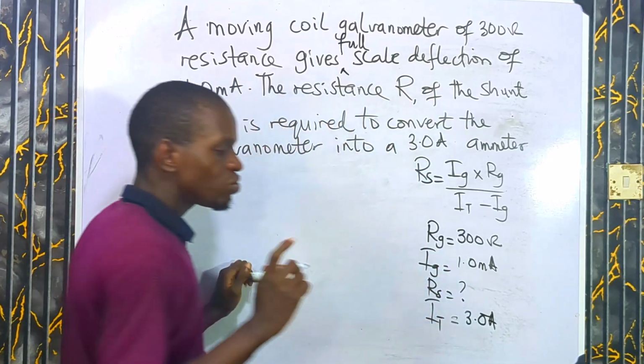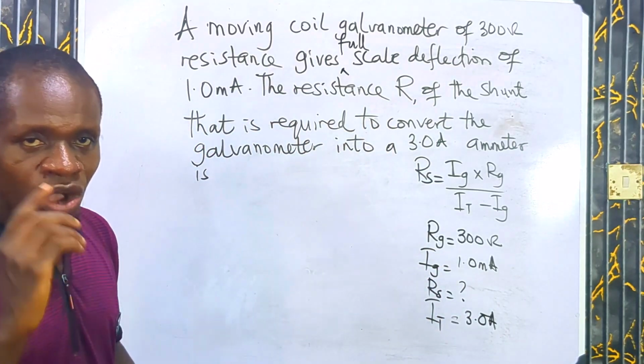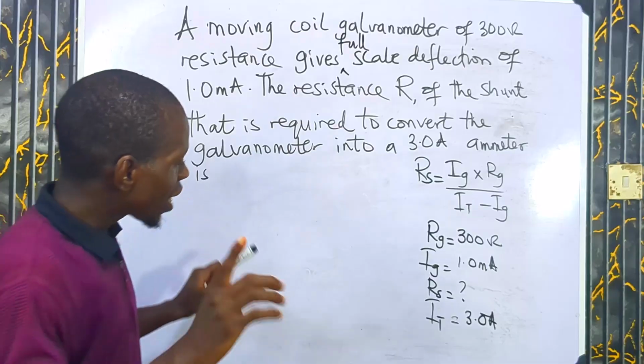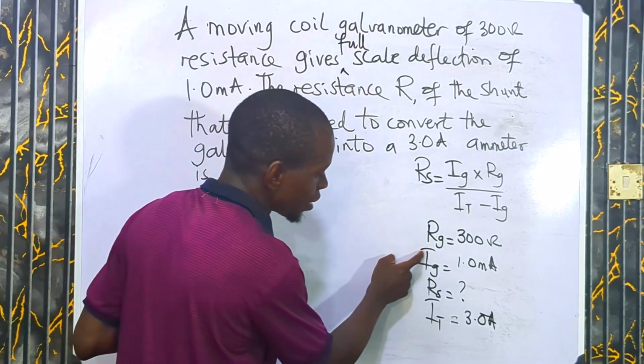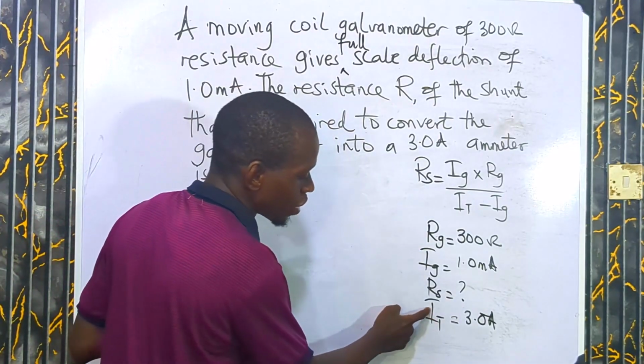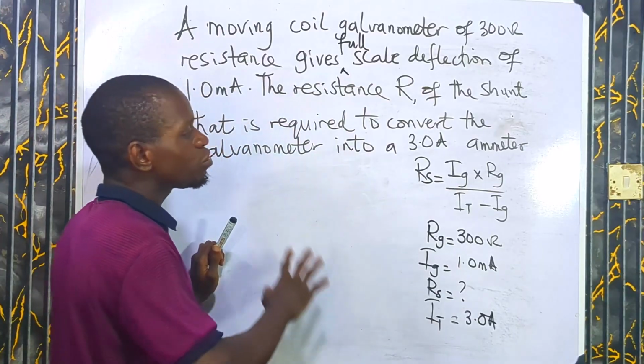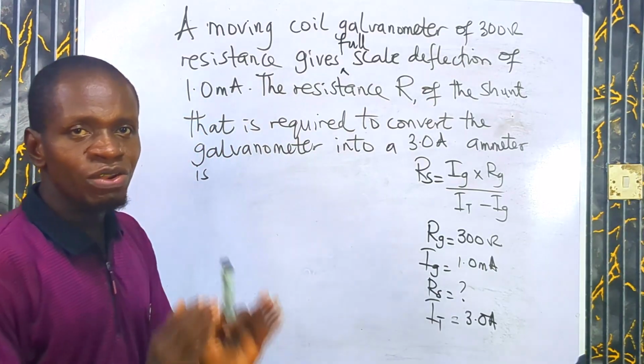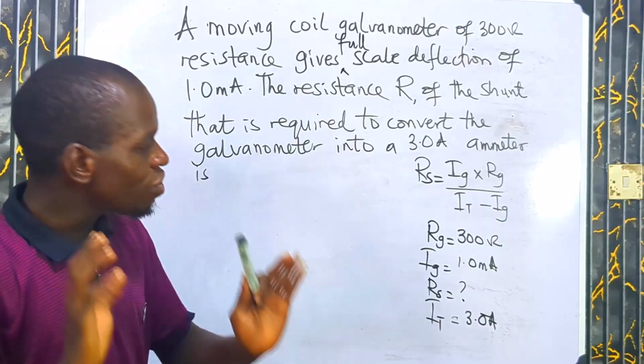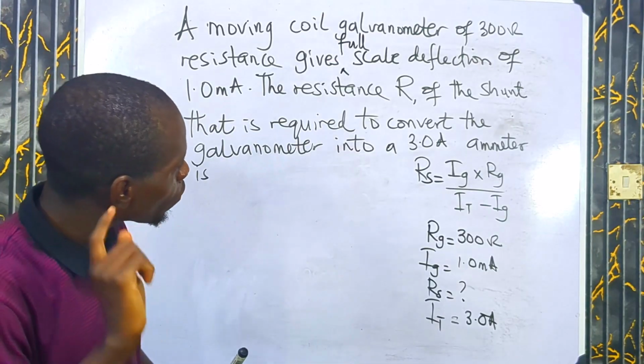Always bear in mind that the current of the galvanometer is always less than the total current.